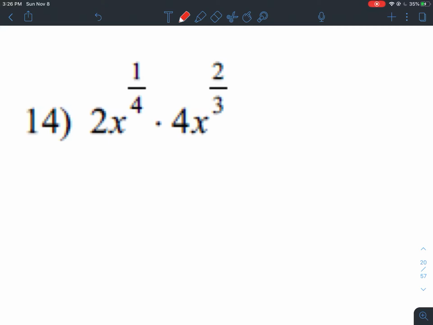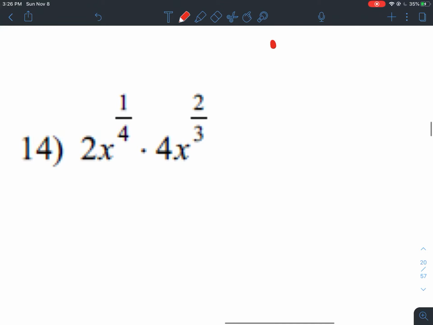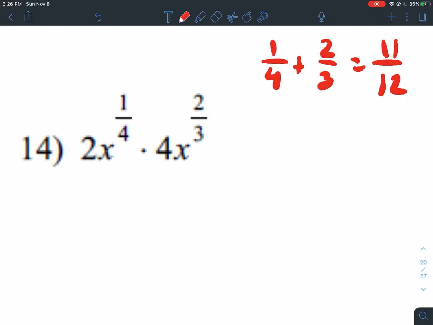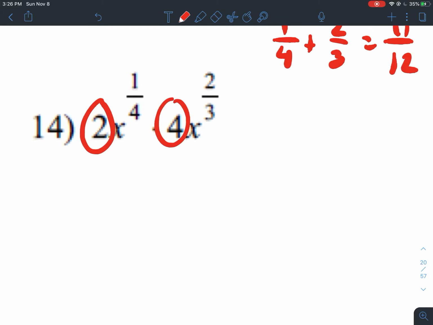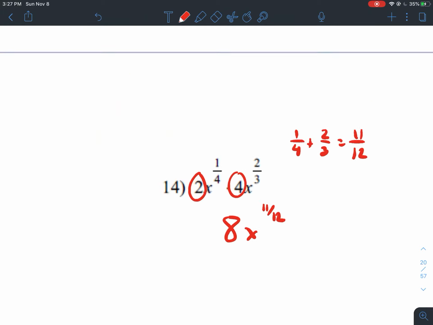Next, we have to add 1/4 and 2/3. If you do 1/4 plus 2/3, you get 11/12. And then, of course, you have to multiply the coefficients, so you would get 8x to the 11/12.